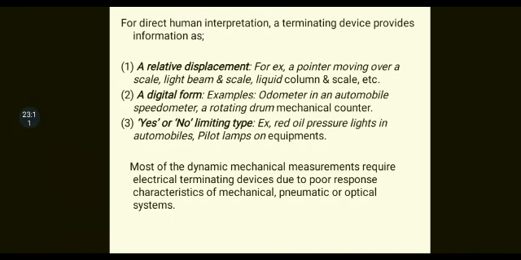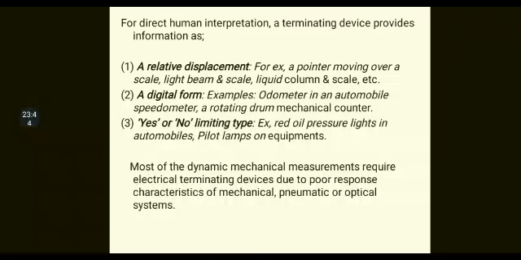Next one: most dynamic mechanical measurements require electrical terminating devices due to the poor response characteristics of mechanical devices. We understood long back that mechanical devices possess friction, inertia, and backlash. So the response is delayed.